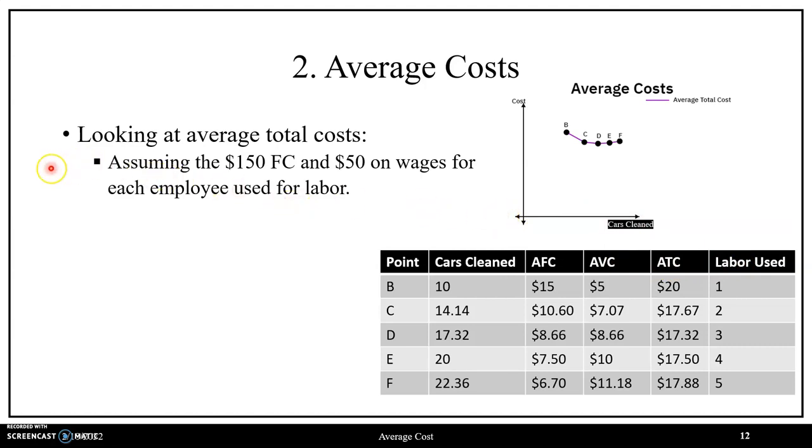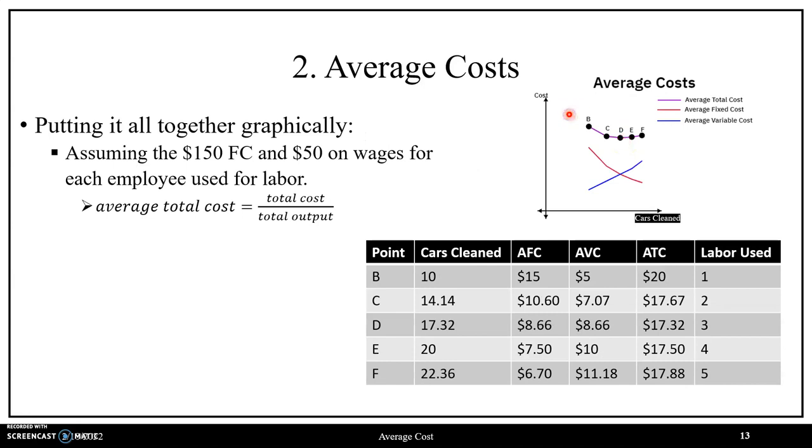Now we are still assuming that we have our $150 in terms of the fixed cost of the rent and fees, and the $50 in wages for each employee used in regards to labor. We also know that our average total cost formula is going to be total cost divided by total output. And in terms of our graphical representation, we see that average total cost is U-shaped.